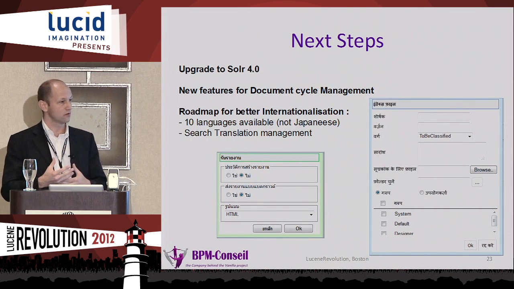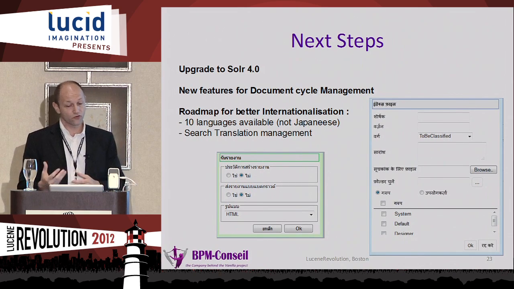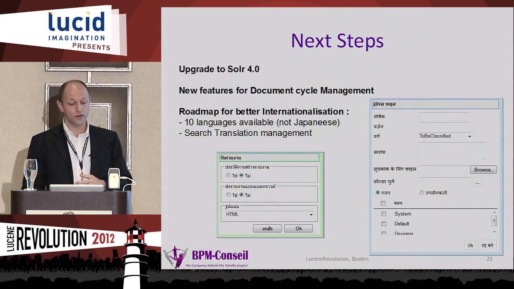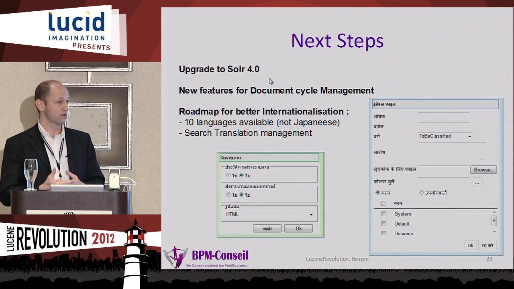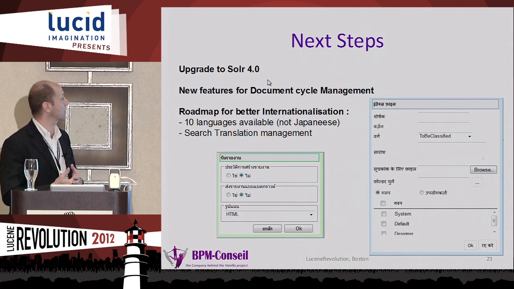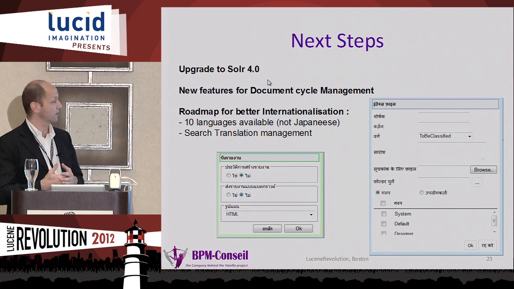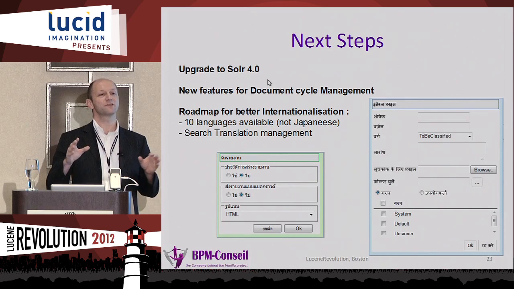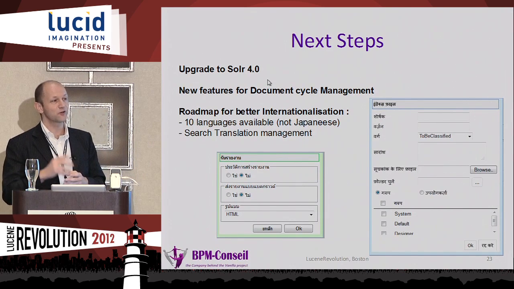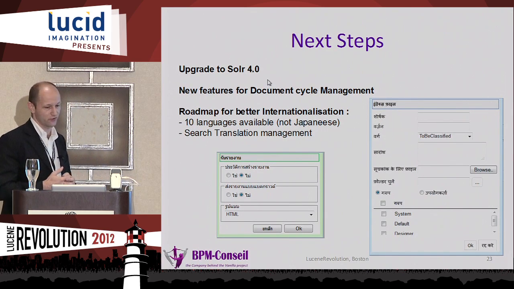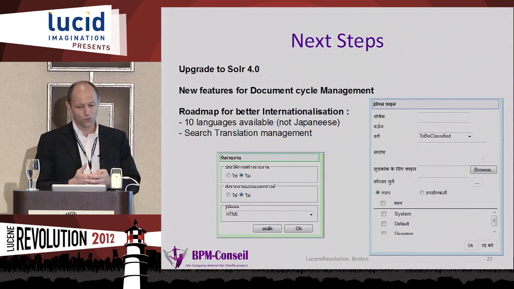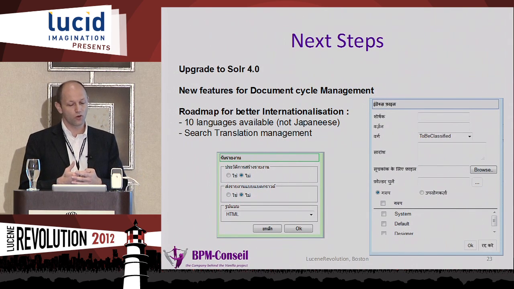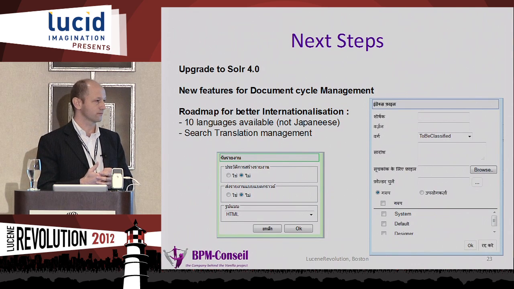All those things we have to review. And also we want to work on a roadmap for better internationalization. Vanilla now is available in 10 languages, not Japanese. There are many Japanese people here. It's like a call, huh? It's three hours of work.